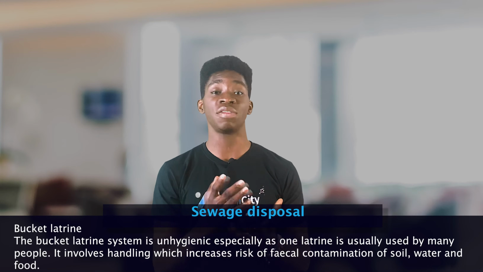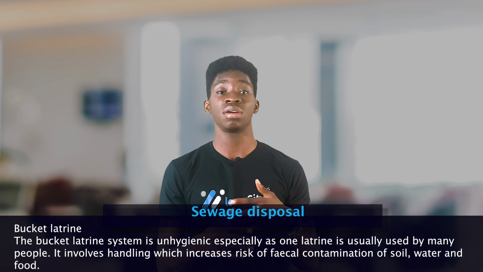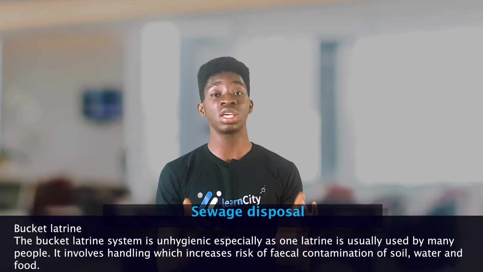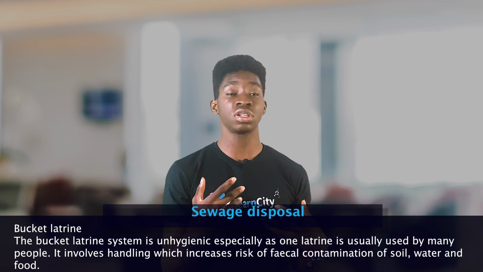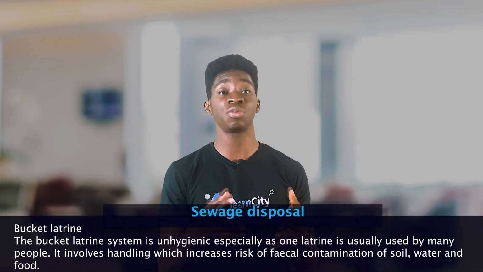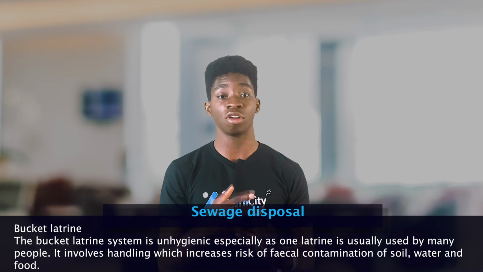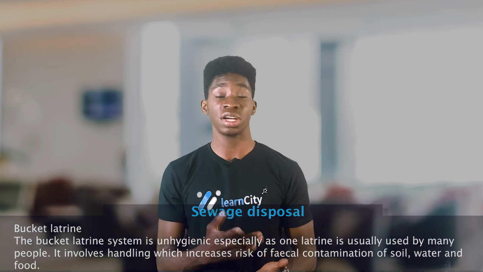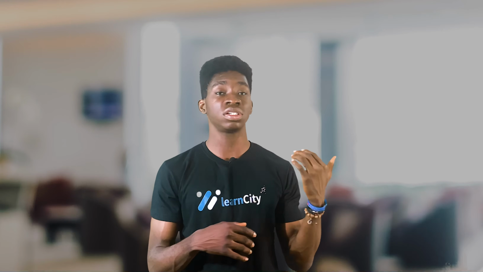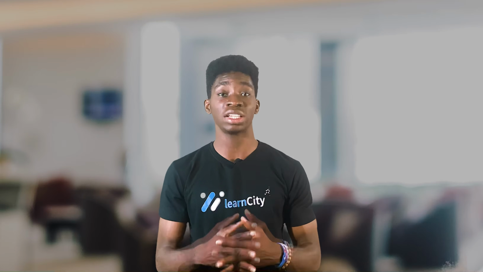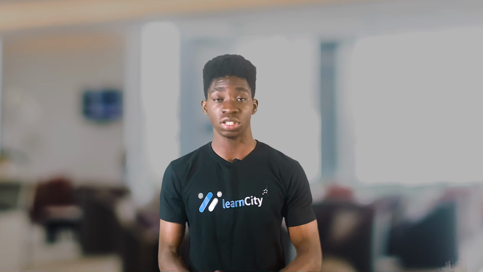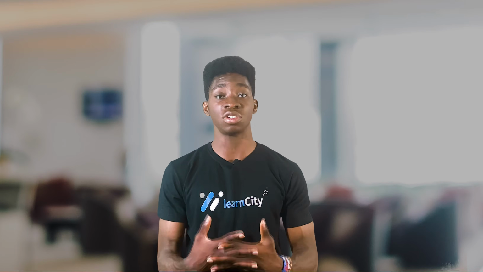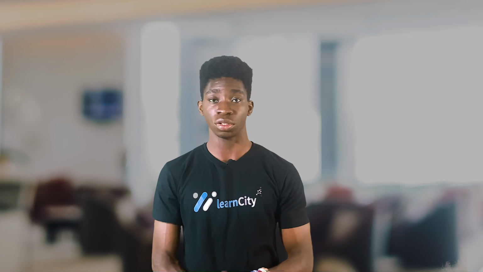It's very difficult to keep the buckets clean and free of pathogens, and flies can be attracted to this. So the bucket latrine is unhygienic, can cause spread of diseases, and is not an advisable method.